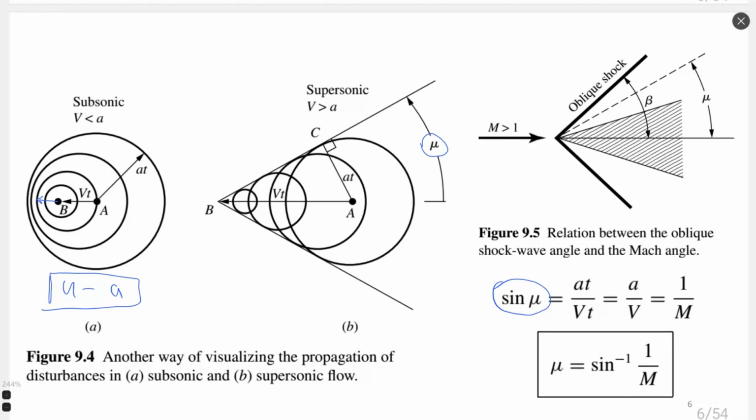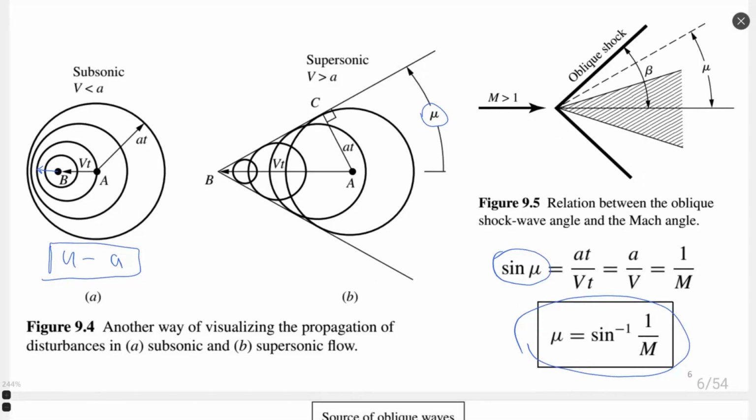This is why it's called Mach angle, because it can be calculated when we know the value of Mach number. Mach angle by itself is an arc sine of 1 divided by M, as you may see from this relation on the bottom of your screen.